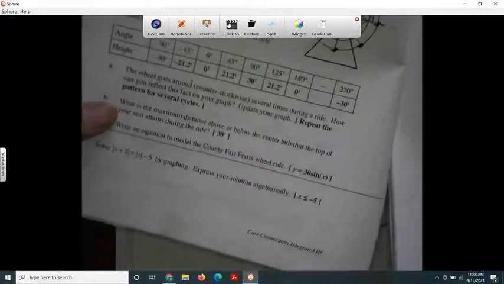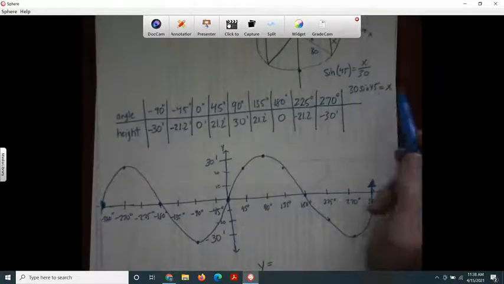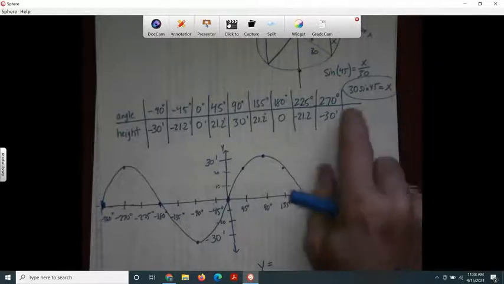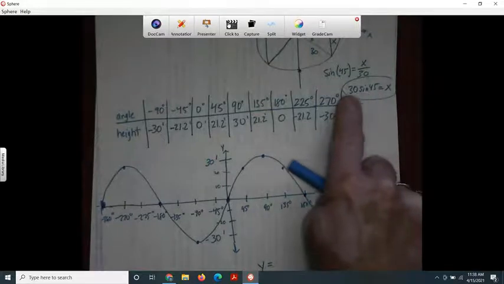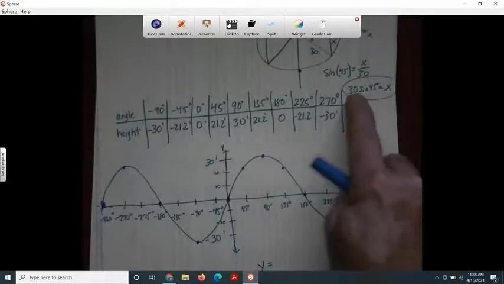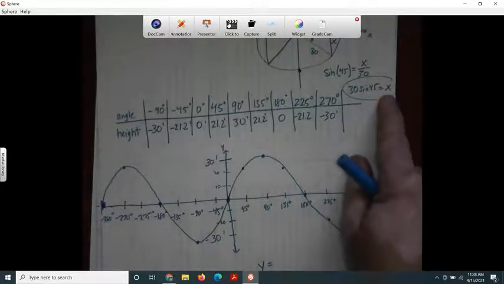Write an equation. So an equation would be y equals 30 times sine of 45? And if you put that in your calculator, 30 sine 45, you're going to get your height. If you put in 30 sine 90, you'll find out.